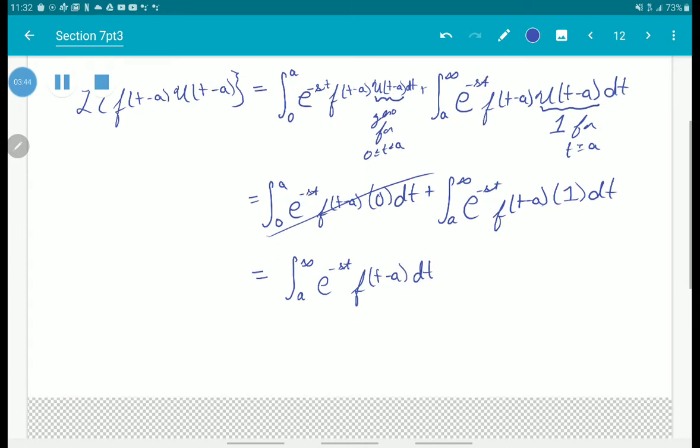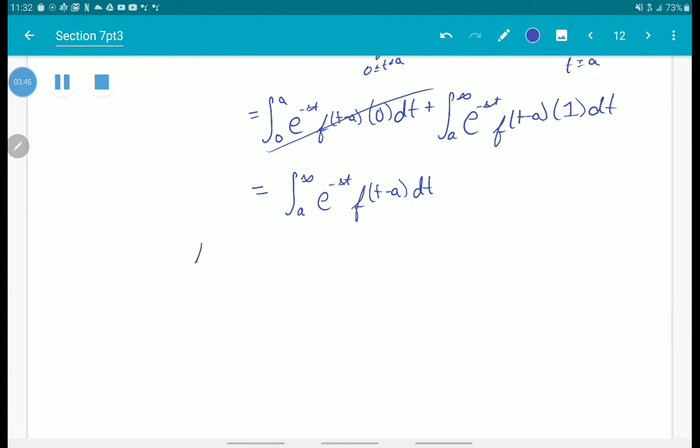Let's do a u substitution now. So let's let u equal t minus a. So if we were to do that, then t is equal to u plus a. And then if we take the derivative of u, then we would get dt. And let's look at bounds. If we look at our lower bound, remember this is in the world of t.